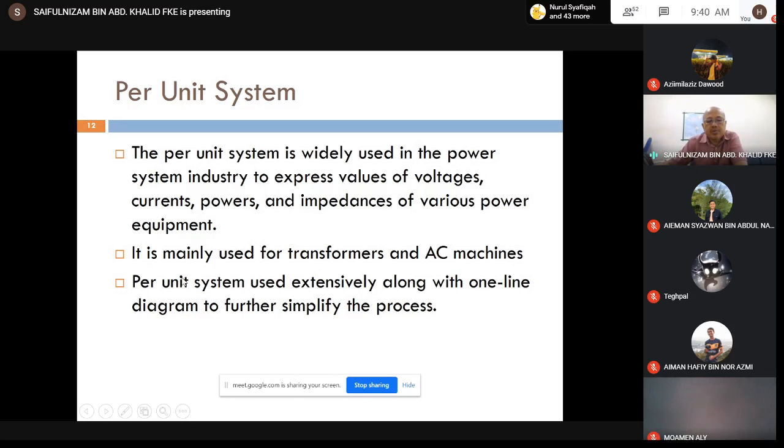It is mainly used for transformers and AC machines. For a transformer, we have a primary and a secondary, so it's useful to use this per unit system. Why? Because the per unit impedance of the transformer is the same for primary and secondary.